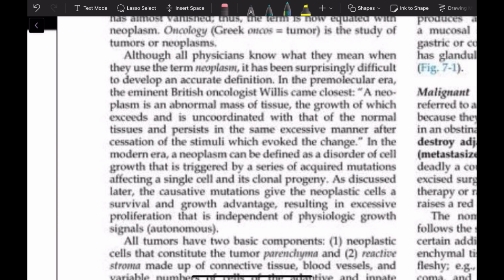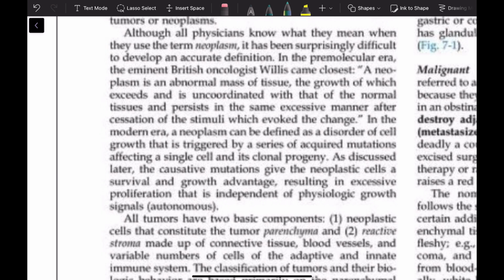A neoplasm is an abnormal mass of tissue, the growth of which exceeds and is uncoordinated with that of normal tissues and persists in the same excessive manner after cessation of the stimuli which evoke the change.